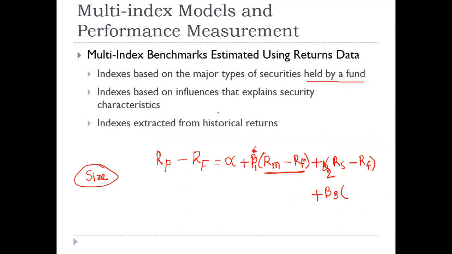Okay, so when Elton and Gruber included this return for small stocks over the return for big stocks, can you recall that in the previous class I showed you the site of Kenneth French, where the market return, the return for the size factor, and the return for the growth factor are given?